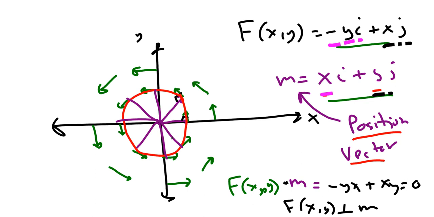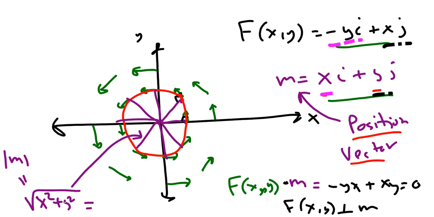And what's interesting is if you check, all these things here have length square root of x squared plus y squared, because that's how you get the length of a vector. So this is the length of vector m. But we know that that is equal to some kind of constant, which is the radius squared.